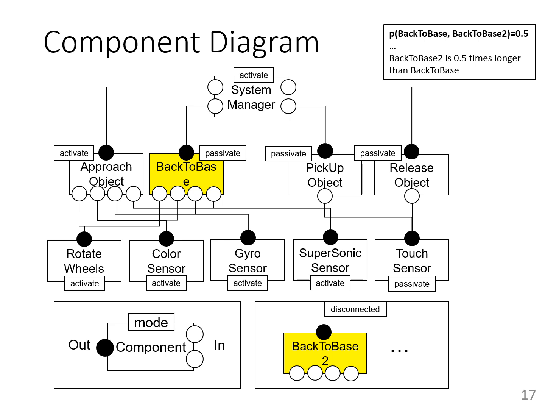Then the framework finds a high-performance component and replaces the component for the go-back task from back to base to a longer but unblocked path called back to base 2. After predicting and verifying the new processing time, the system updates its configuration.